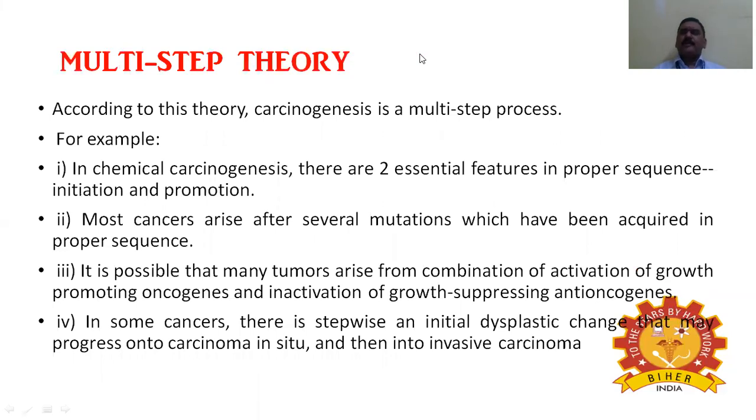The final one, the multi-step theory, is something less important. According to this theory, carcinogenesis is a multi-stage or multi-step process. For example, in the process of chemical carcinogenesis, there are two different essential features in the proper sequence, that is initiation and promotion. Next, most cancers arise after several mutations which have been acquired in the proper sequence.